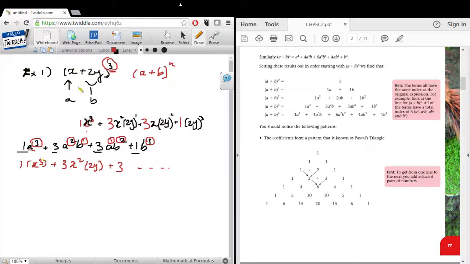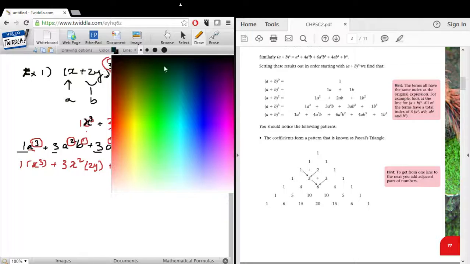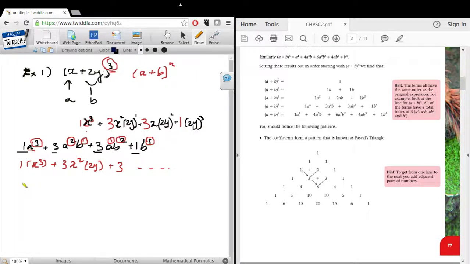So here you can see, and I'll use a different color to start this explanation, just taking the terms but omitting the coefficient, just to make this point. We start off with a cubed, but b is to the power of 0. Then we have a squared, and we have b to the 1. Then we have a to the 1, b squared, and then we have b cubed.